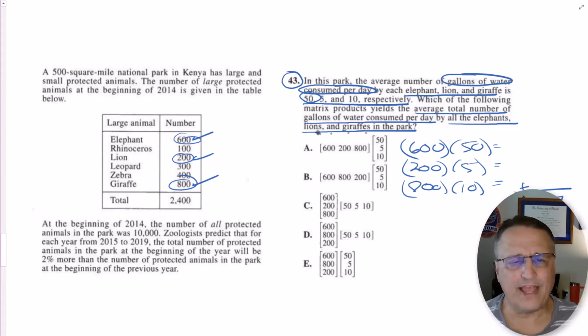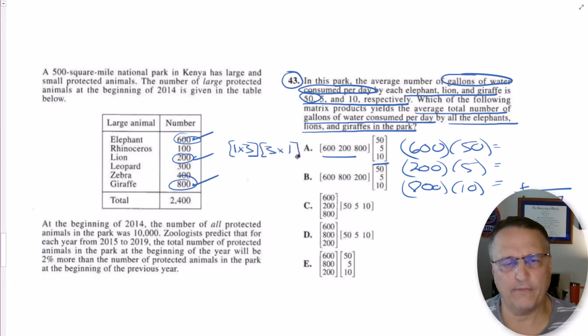Now, how then do I find the right matrix that will actually do this calculation? Well, remember when we're talking about matrix multiplication, to get the size of the matrix that you get from the multiplication, you would consider the dimensions of each one of the matrices. So in answer A, I have a 1 row by 3 column matrix, and I'm going to multiply that by a 3 row by 1 column matrix.